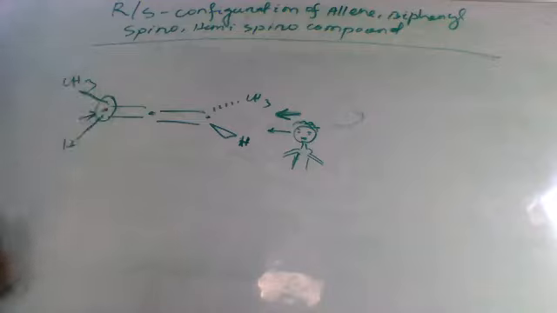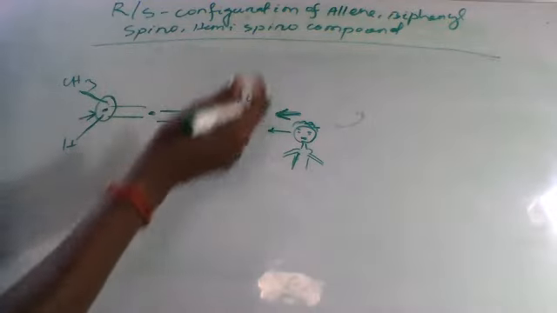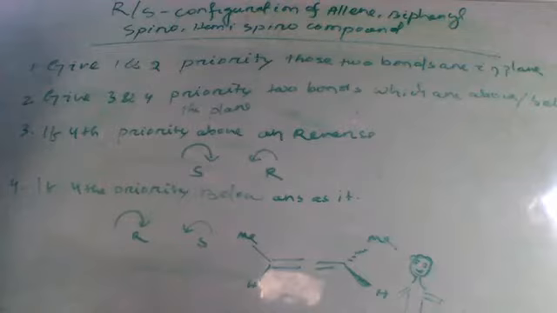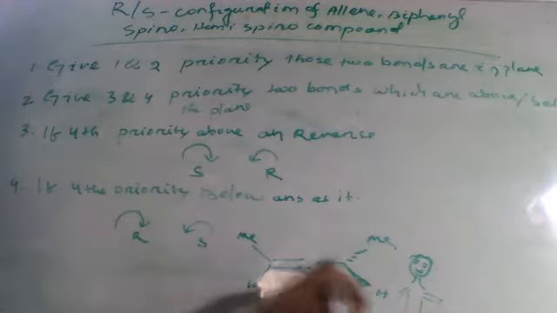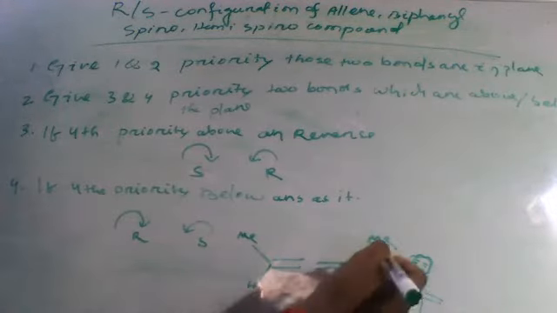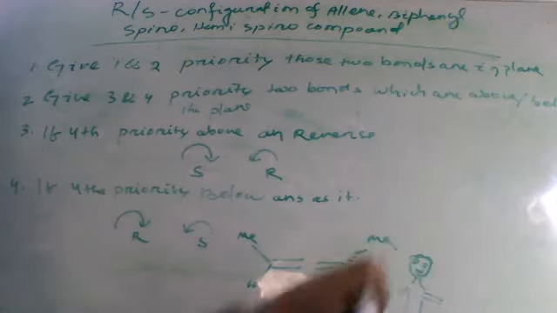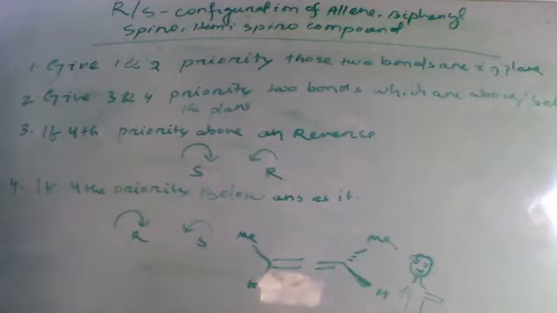These two bonds are in one plane, and these two bonds are above and below the plane. This bond is towards you, and this bond is away from you. You have to remember three rules.